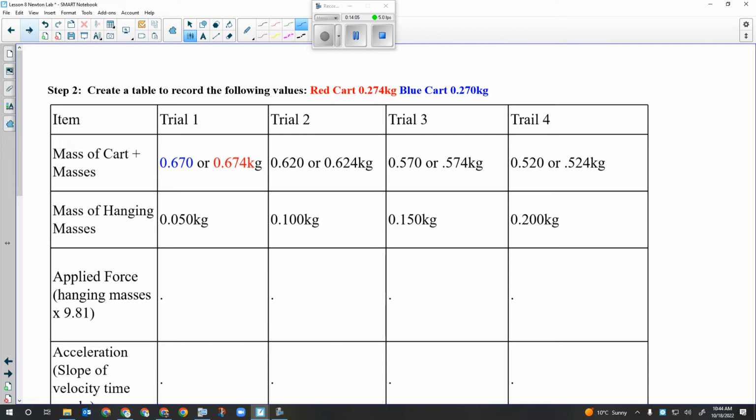I think you can do it with one mass set. Pretty sure. If you can't, then just grab a second mass set. In your second trial, we're taking another 50 grams off the cart and putting it over the pulley. And in trial 4, another 50 grams off the cart and another 50 over the pulley. So each time, all we're doing is taking 50 off the cart and adding it to the pulley. Is that pretty clear?